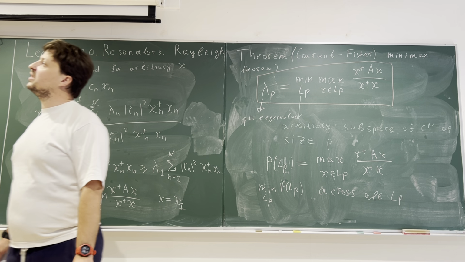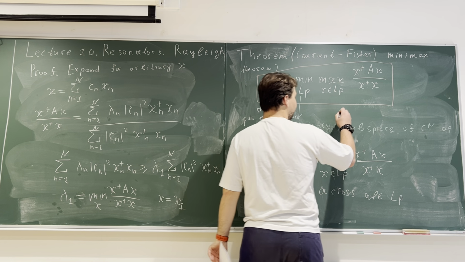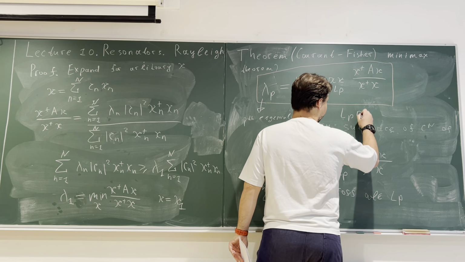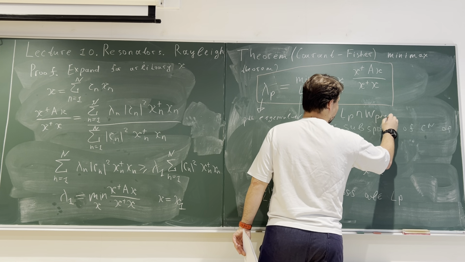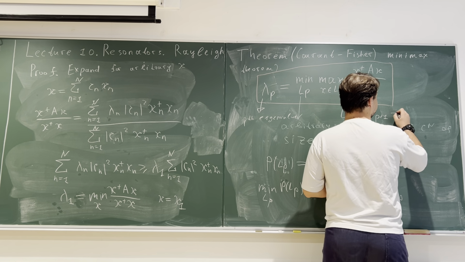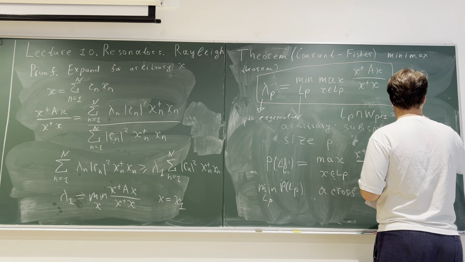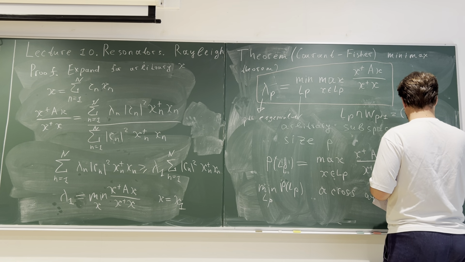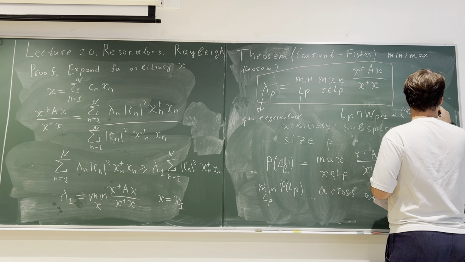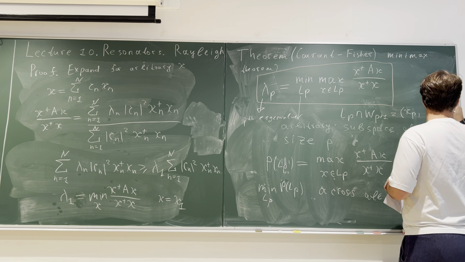You also do some kind of eigenvalue decomposition, but then you consider an intersection of two spaces, LP and something like this, a space built on eigenvectors, something like this.